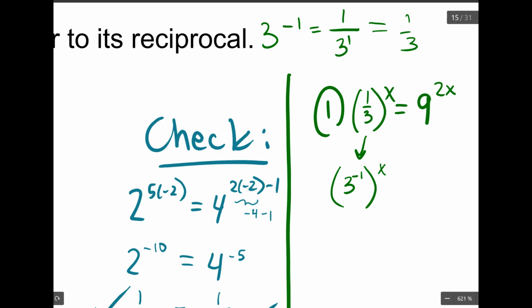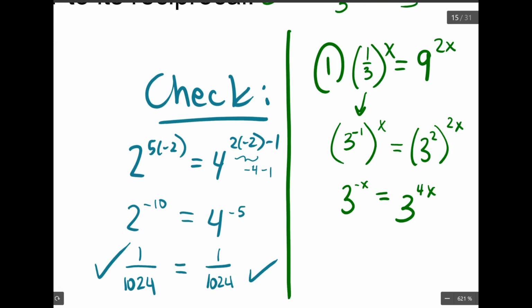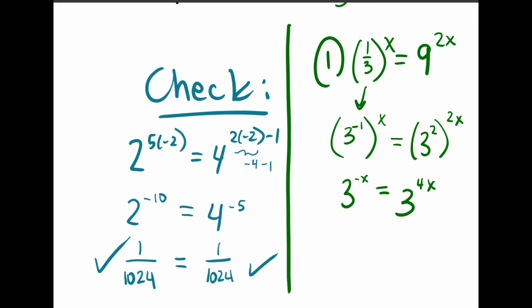And then can I rewrite 9 in terms of 3? Yes, 3 squared. 2x. Okay, so let's set these equal. So I have 3 to the negative x is equal to 3 to the 4x. Now that I have the same base on both sides, what am I going to do? Negative x equals 4x. You divide by.